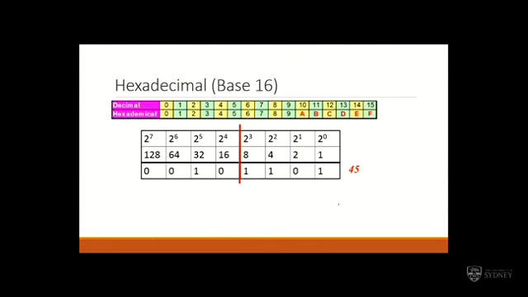You could convert first to binary and then from binary to hexadecimal. And the way you do this is you take advantage of the fact that, as I said, there are 16 different combinations for every set of 4 binary digits. So 4 binary digits go up to 15. So 8, 4, 2, 1, 1111 is 15.